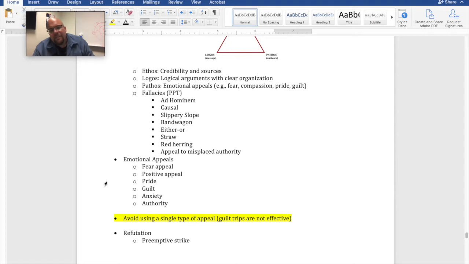Last but not least on this list is authority. And the prime example is when they say this is doctor recommended, or 4 out of 5 dentists recommend this thing, whatever it might be. So when you're giving some authority to someone who, in this case, legitimately deserves that authority, medical professionals, etc., depending on what the product is, that is what you can use to really connect with an audience.